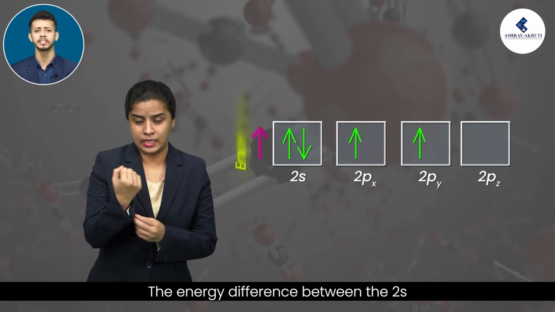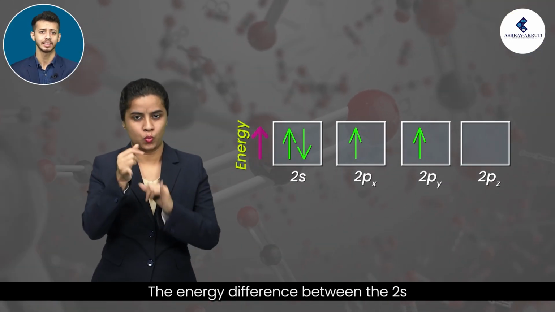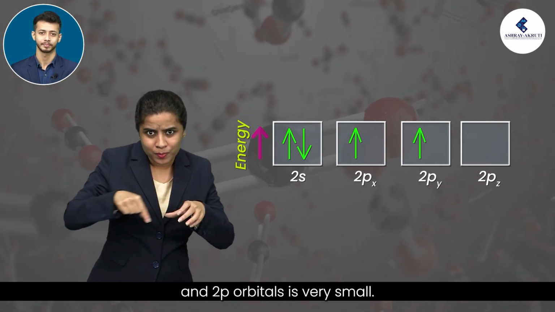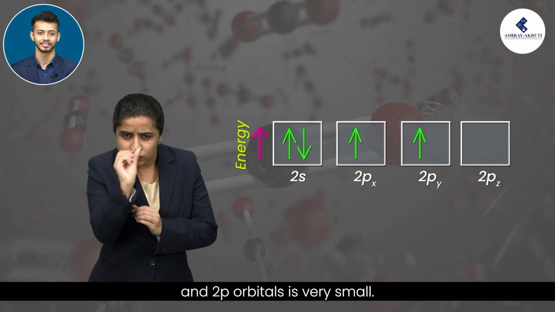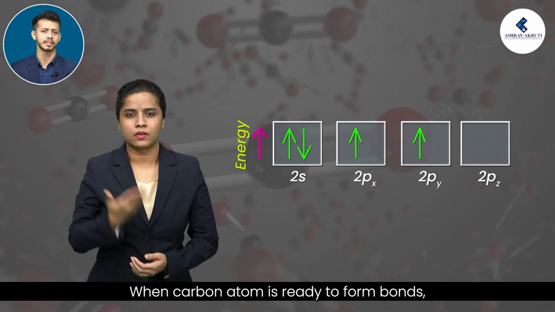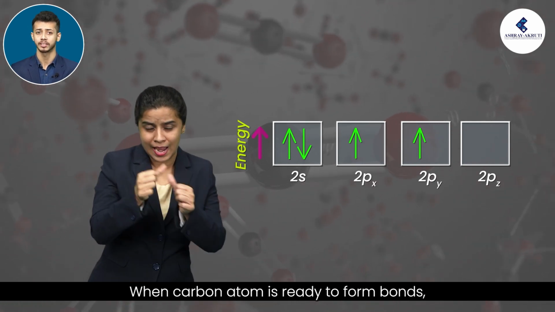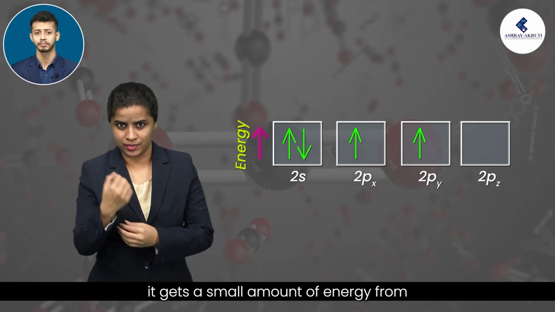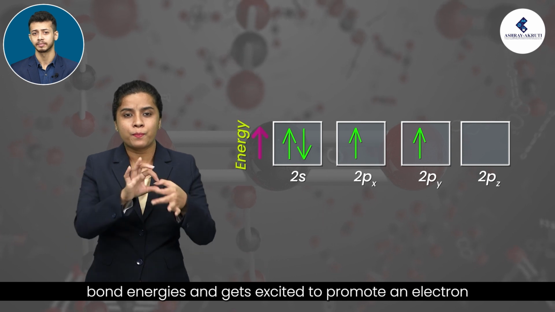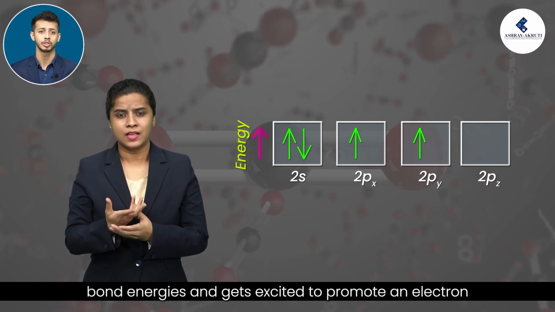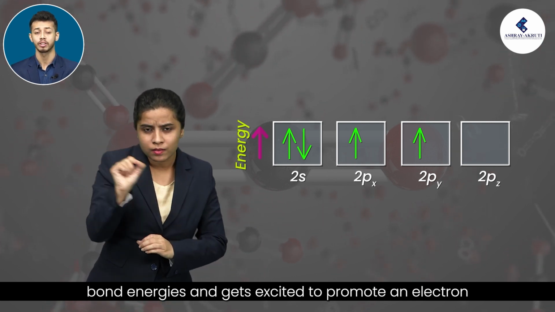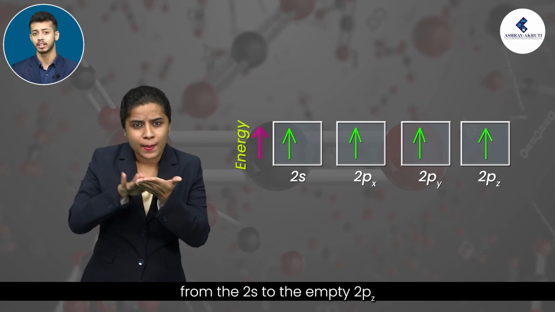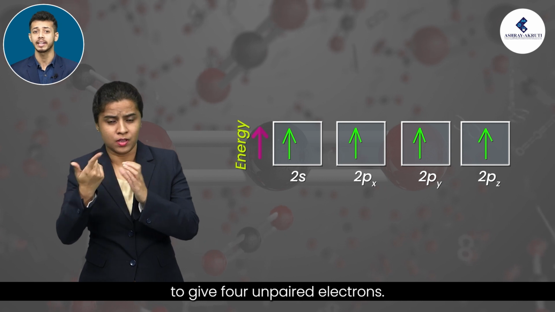The energy difference between the 2s and 2p orbitals is very small. When carbon atom is ready to form bonds, it gets a small amount of energy from bond energies and gets excited to promote an electron from the 2s to the empty 2pz to give 4 unpaired electrons.